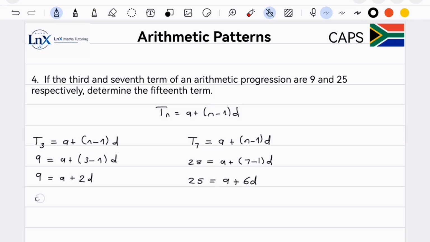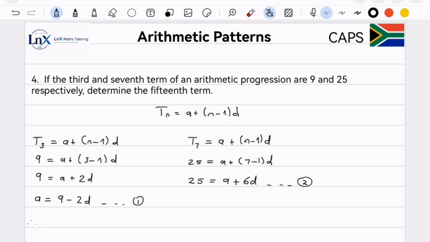Alright, so we can make one of the equations the subject of the formula. So we can say a equals 9 minus 2d, right? So the subject of the formula is a, and this is our first equation. Then we have this as our second equation, right? And so now we need to substitute.